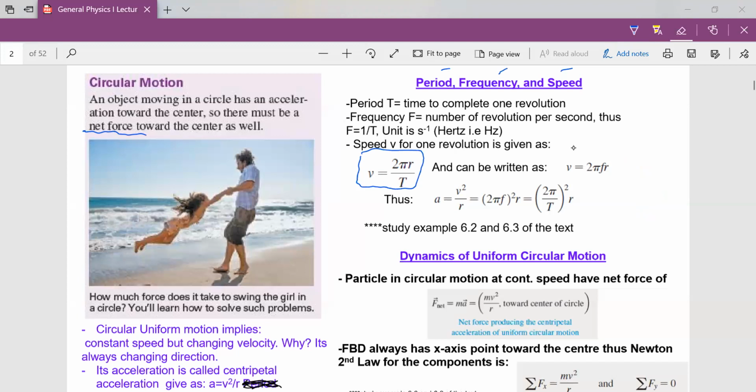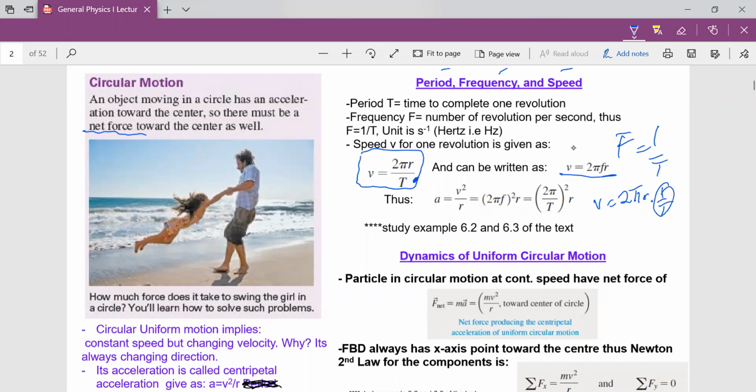Because we know that f is already 1 over T, we can put f into this equation, and it will become v equals 2 pi r times 1 over T. That is the meaning of that equation.